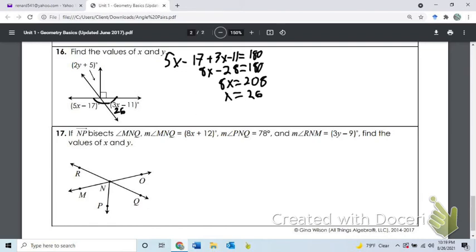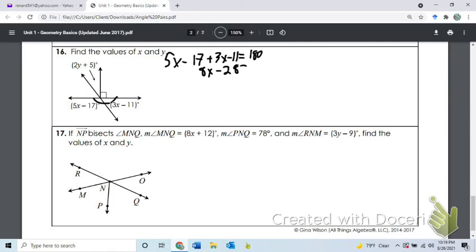Then plug 26 in down there. So we go 5x minus 17 plus 3x minus 11 equals 180.